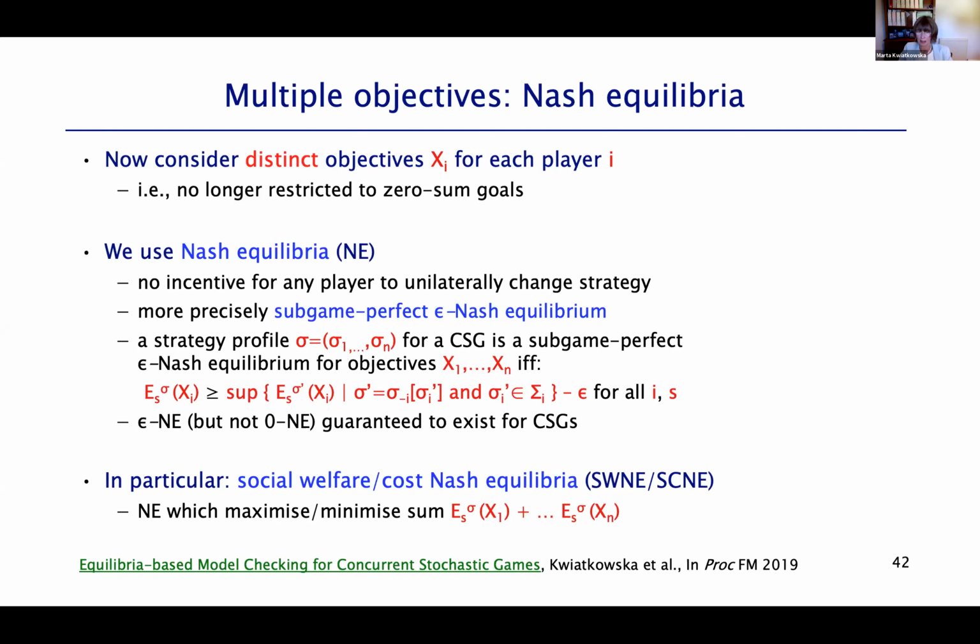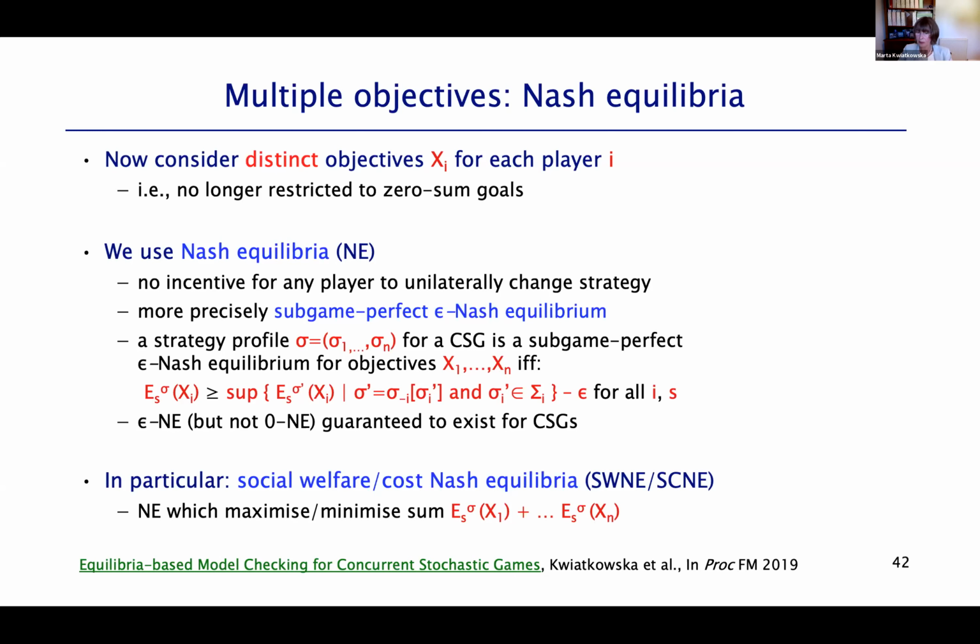What we take as the basis is the well-known Nash equilibria, more precisely, subgame perfect epsilon Nash equilibria, because there are still open problems in this domain. And within the set of Nash equilibria, we look for those which are social welfare optimal.